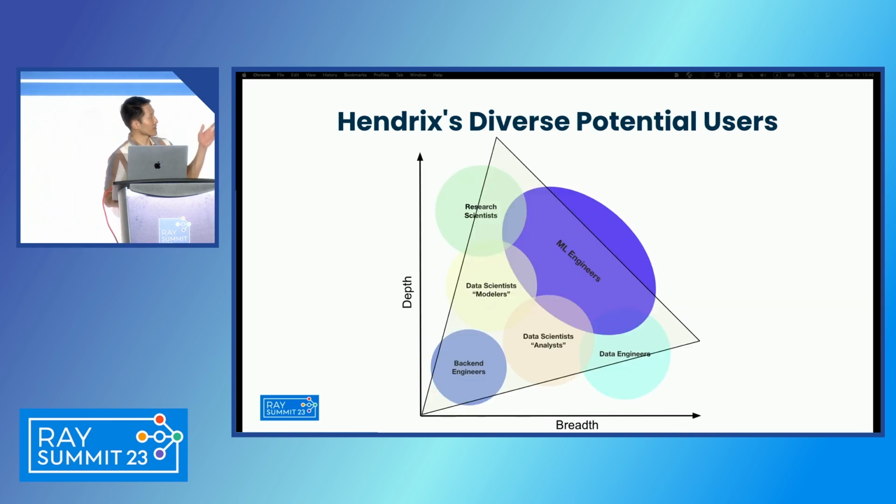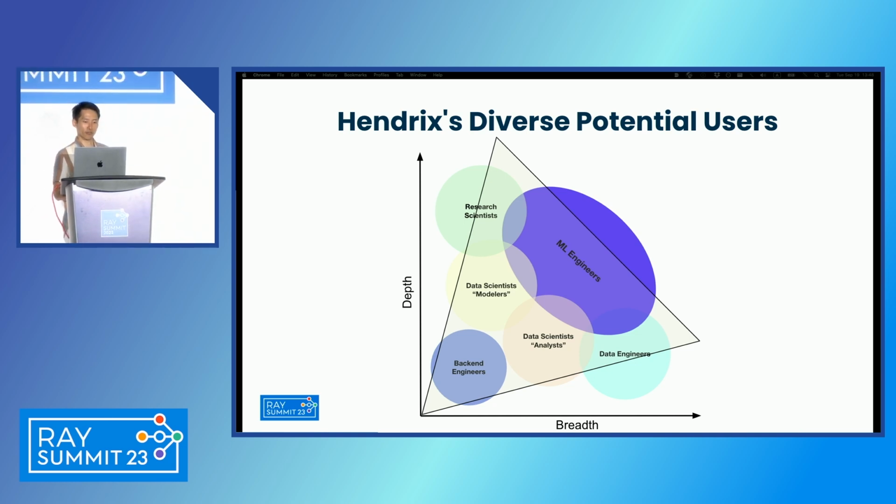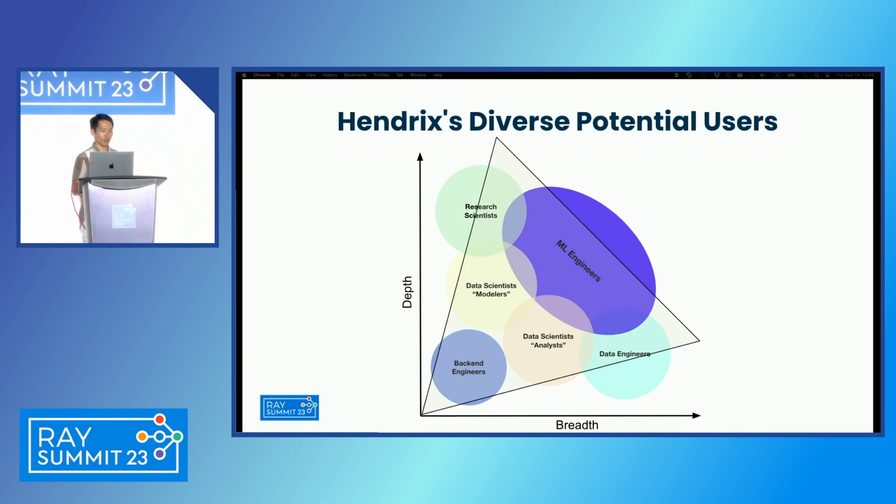This is a slide about our diverse potential users, all the different types of people we want to serve at Spotify. An ideal ML platform should cover both breadth and depth of users and offer a wide range of tools to tackle different problems in a scalable, maintainable, and enjoyable way. So we wanted a unified and easy-to-use interface to access managed Ray infrastructure for users of all these different types of backgrounds.